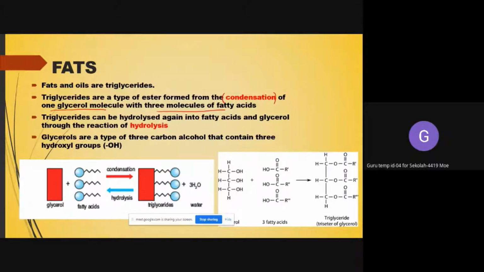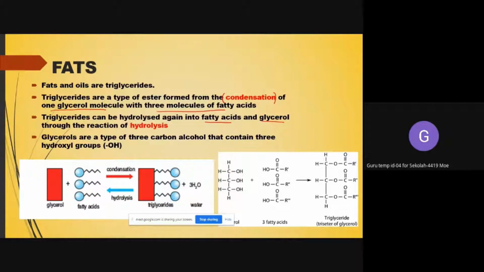So triglyceride ni terhasil daripada condensation, daripada satu molekul glycerol dan 3 molekul fatty acid. Triglycerides can be hydrolyzed again into fatty acid and glycerol through the reaction of hydrolysis. Triglyceride ni dia boleh dipecahkan kepada fatty acid dan glycerol semula melalui proses hydrolysis.